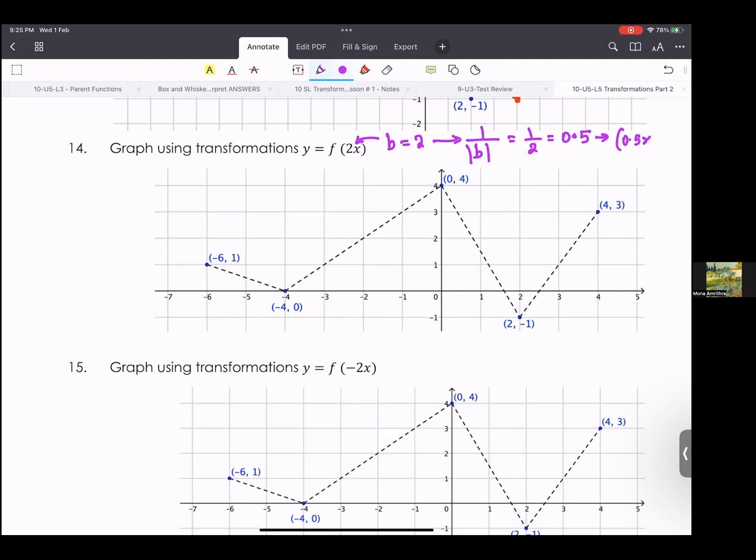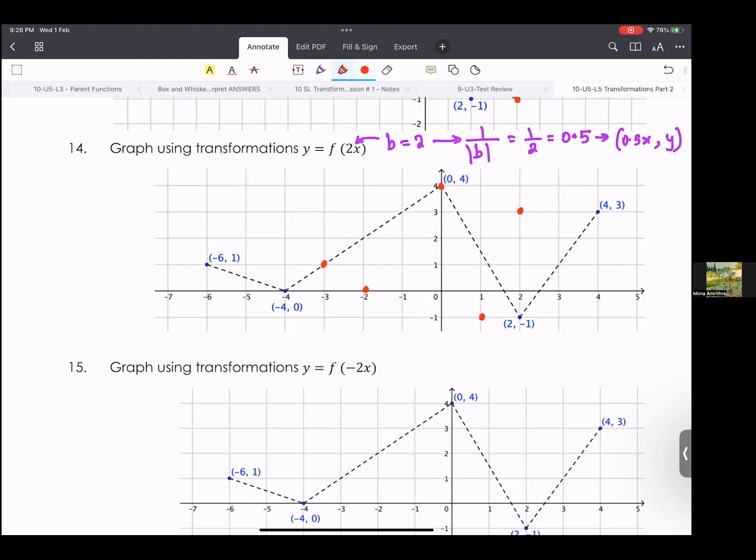So all the x values end up becoming half of what they used to be. So negative 6, 1 now becomes negative 3, comma 1. Negative 4, comma 0 ends up becoming negative 2, comma 0. And 0, comma 4 remains exactly where it was. 2, comma negative 1 ends up becoming 1, negative 1, and 4, 3 ends up becoming 2, 3.